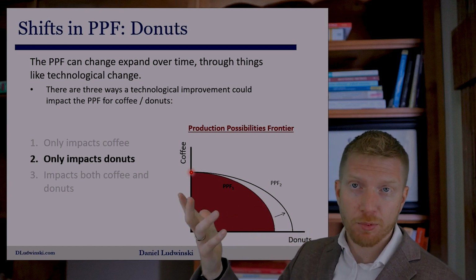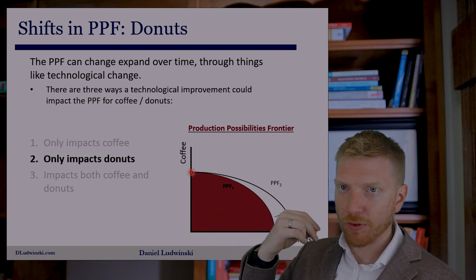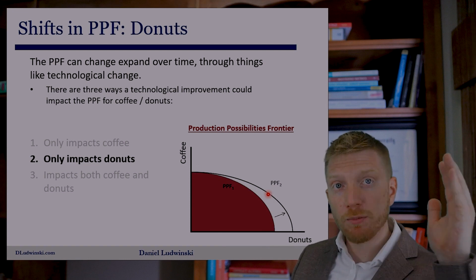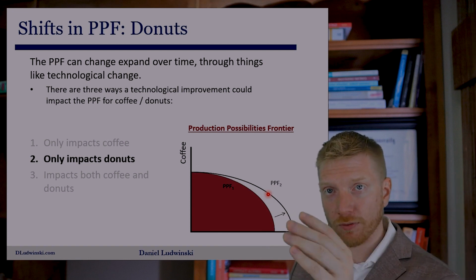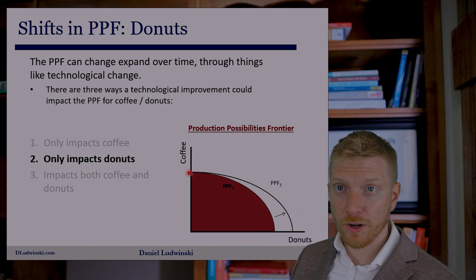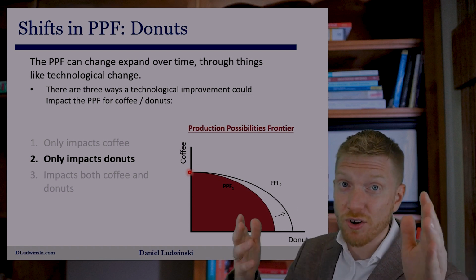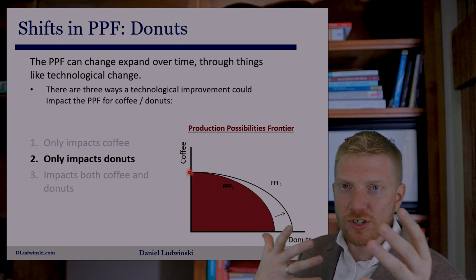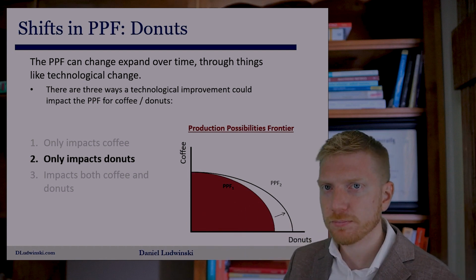You're not going to be able to produce more coffee if you are just producing coffee. However, you are going to be able to, if you want, produce more by moving some resources from donuts to coffee. The reason that this point hasn't changed is because if you're producing only coffee, there's no way to shift resources from donuts because you've already done that.